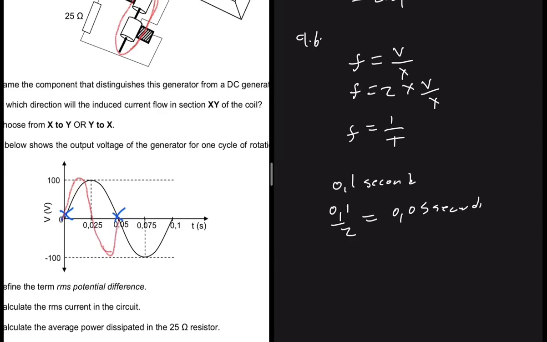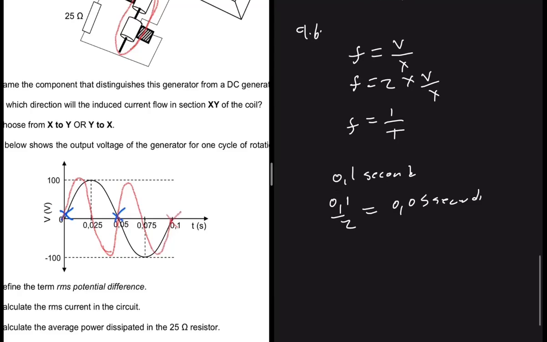Now we have 1 complete cycle, and now we need another cycle from 0.05 to 0.1, right? Because in our new graph, it takes us 0.05 seconds to complete a cycle. So we're going to have something like this. Right, and there we have it.